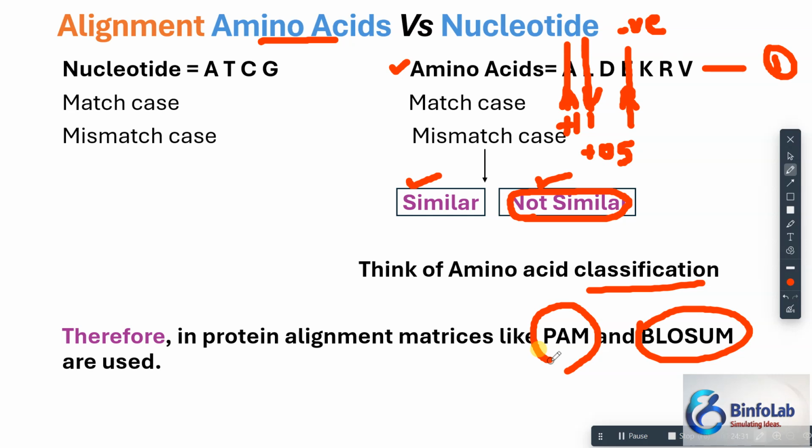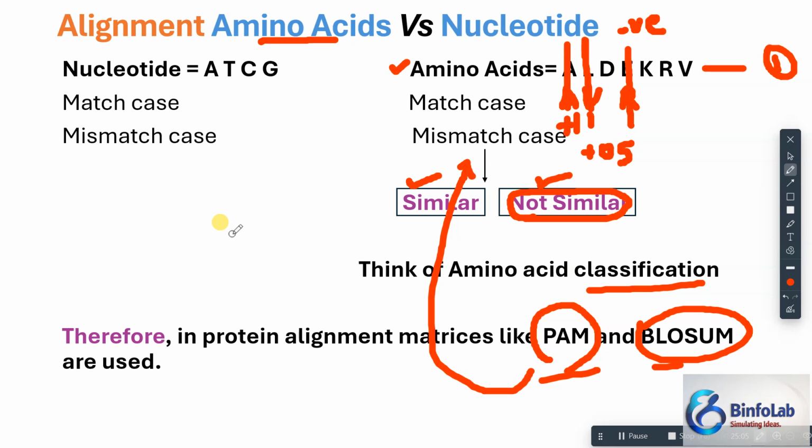Now you will have the answer if someone asks why these matrices are not used for nucleotide alignment: because these scores are calculated for protein or amino acid cases, which are a little bit more complicated. I explained it a little earlier.